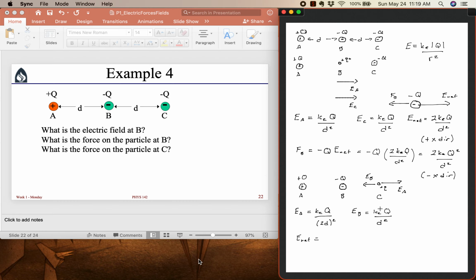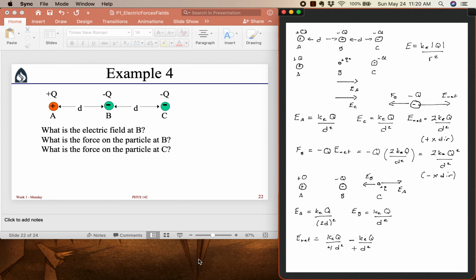So the net amount of electric field would be KeQ over, and I'm going to just take this 2 and multiply it over the parentheses. So that would be 2 squared, which is 4, and then d squared, KeQ over 4d squared, so that's this one. And then minus, since this second vector is pointed in the negative x direction, KeQ over d squared.